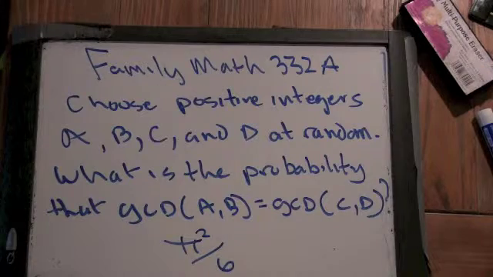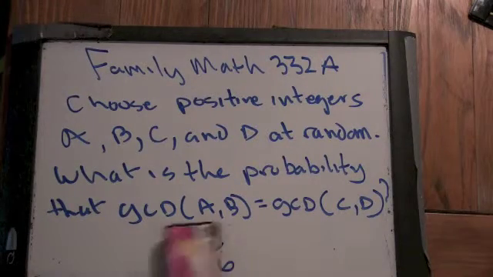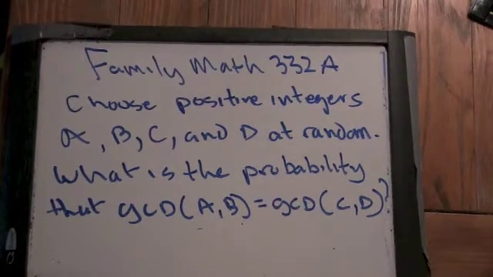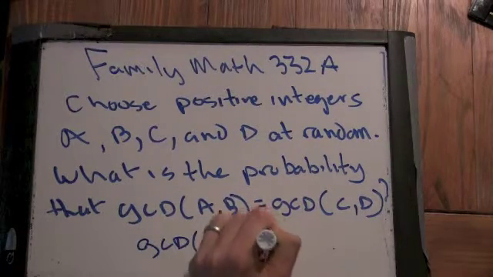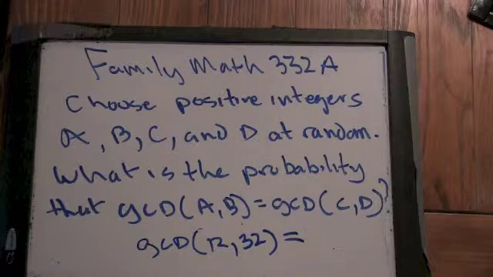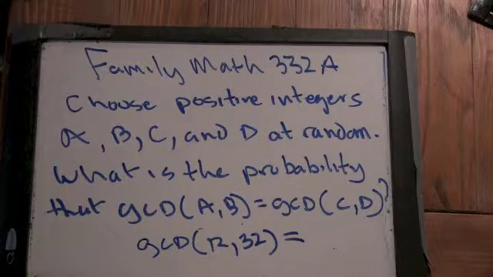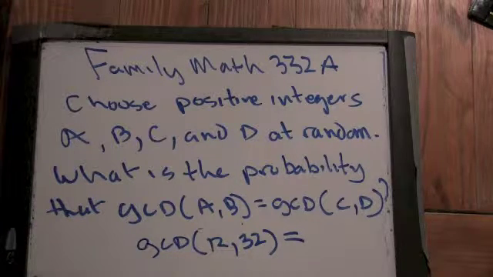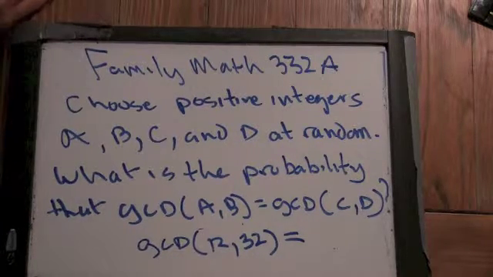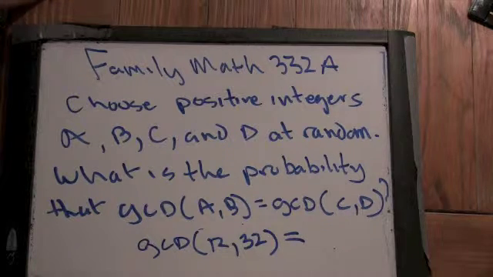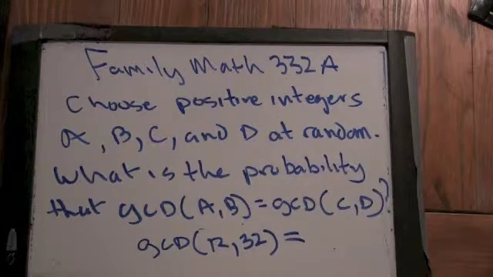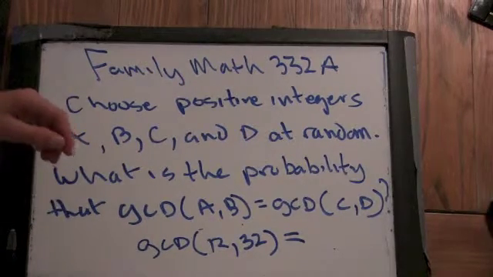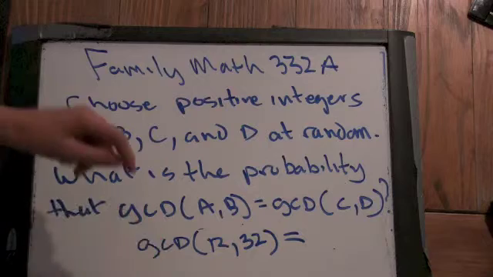So what would the greatest common divisor of 12 and 32 be? Well, 12 doesn't go into 32. 4 goes into both of them. 4 times 8, 4 times 3.